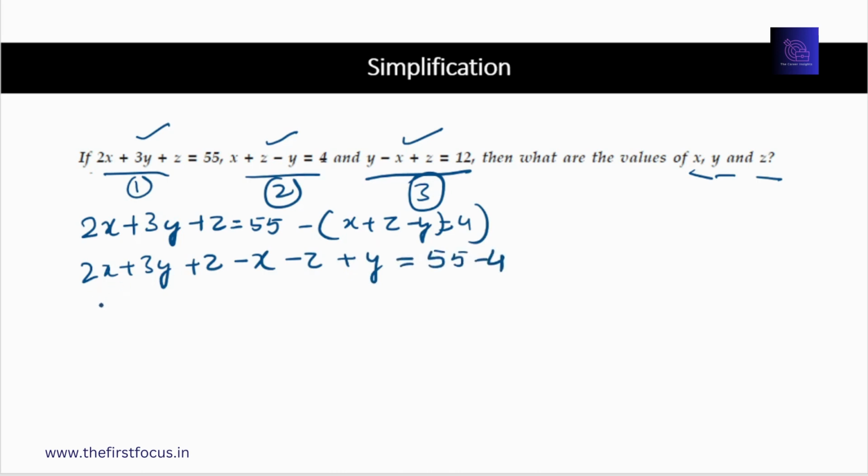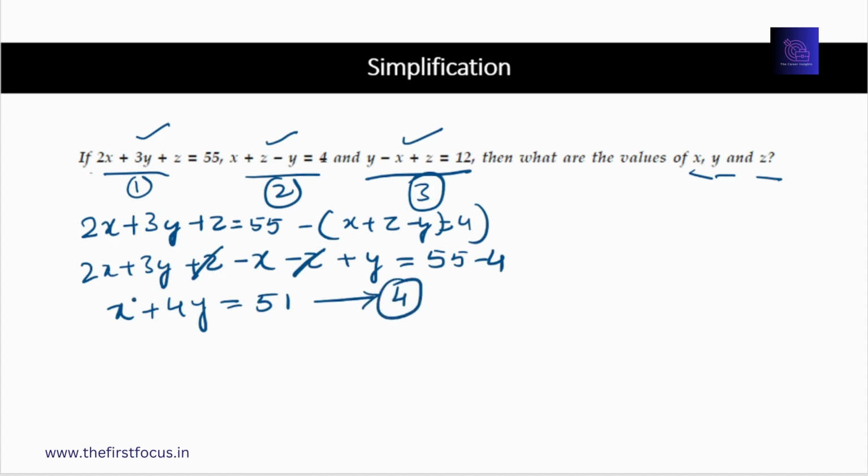So here I get 2x minus x is x, 3y plus y is plus 4y, plus z minus z, so these two get cancelled, is equal to 55 minus 4 is 51. So this is my equation number 4.